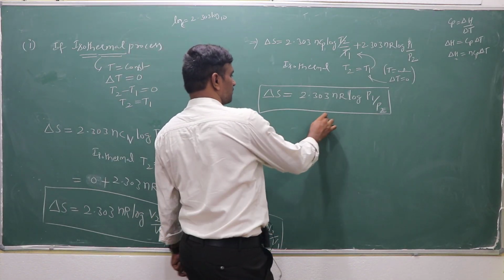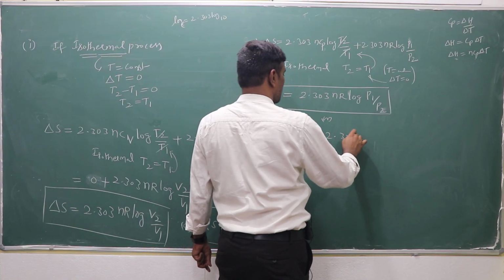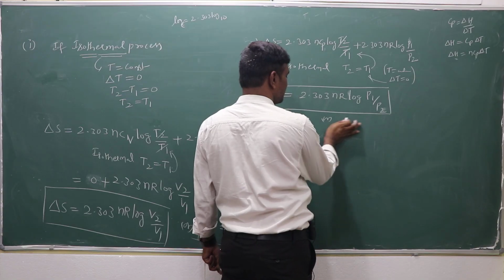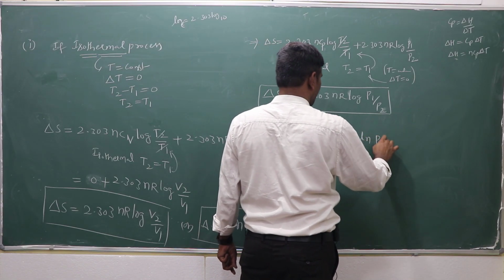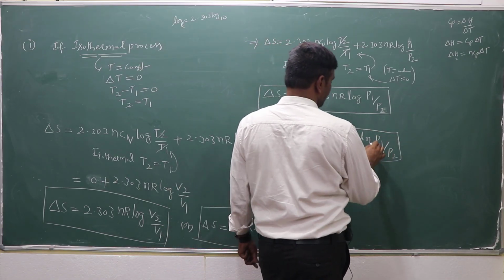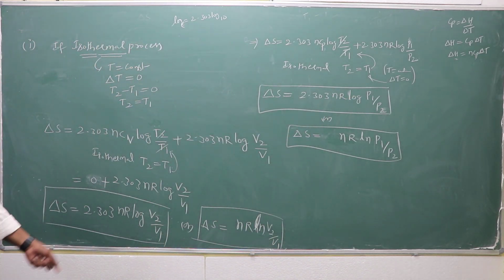Or delta S is equal to 2.303 log. If natural log ln is there, it is log base e; here it is log base 10. So nR ln P1 by P2 or nR ln V2 by V1.